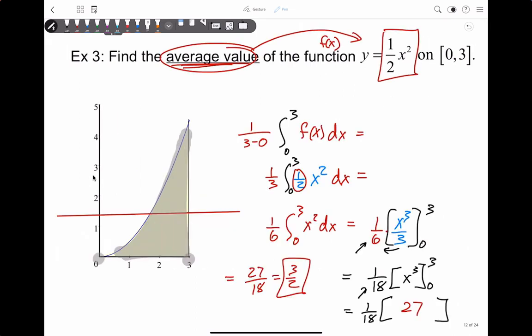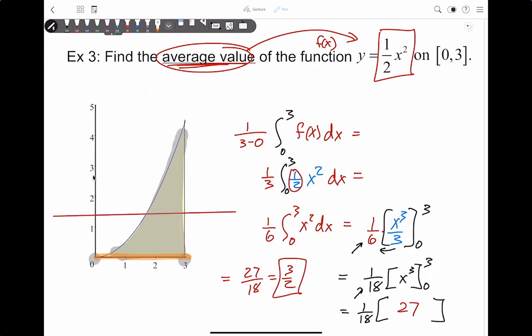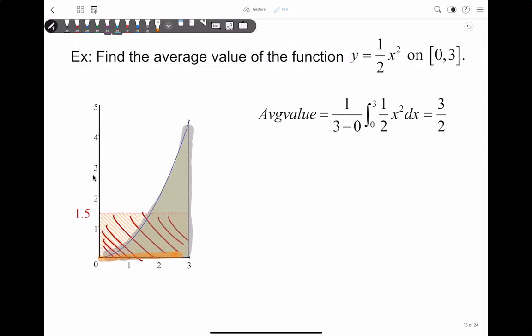And if I divide it by the jump, that is the same as multiplying by 1 over b minus a. And that is right here and right here. So if I divide that area by the jump, it's the same as this area divided by the width.